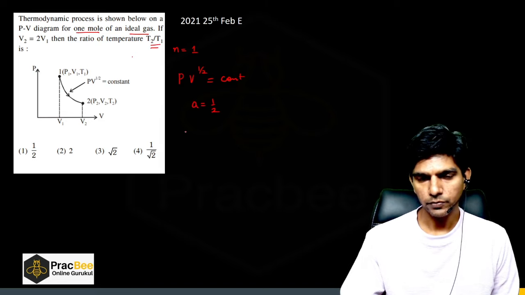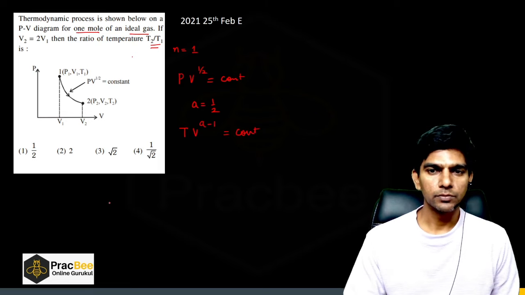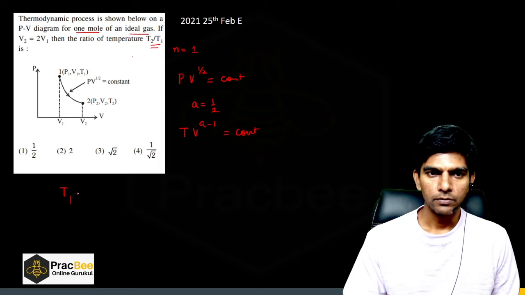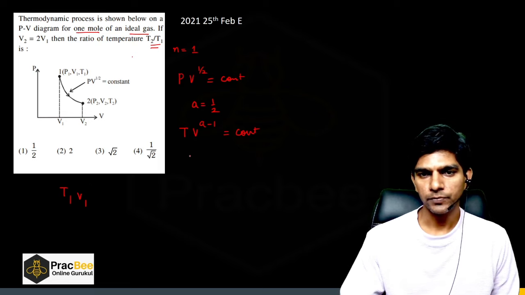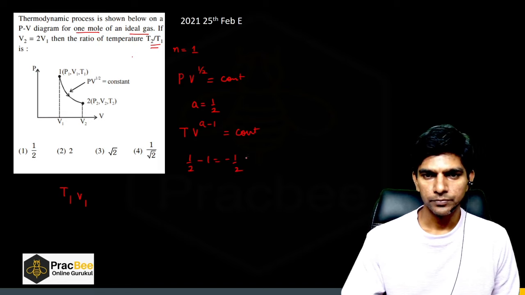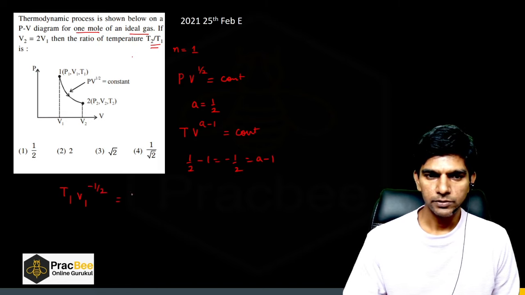So what is the relation between temperature and volume? It is T V raised to power A minus 1 is constant. If we apply this, we can say T1 V1 raised to power A minus 1 equals T2 V2 raised to power A minus 1. A minus 1 is 1 by 2 minus 1, that is minus 1 by 2.